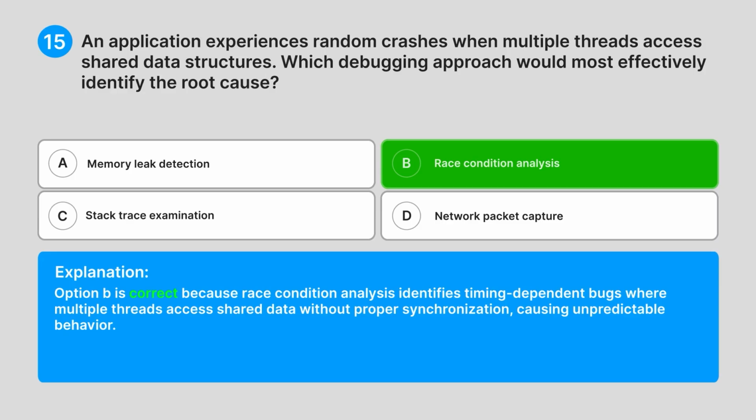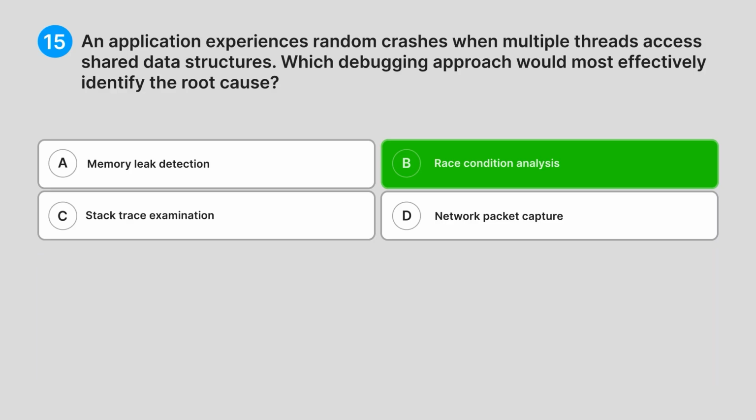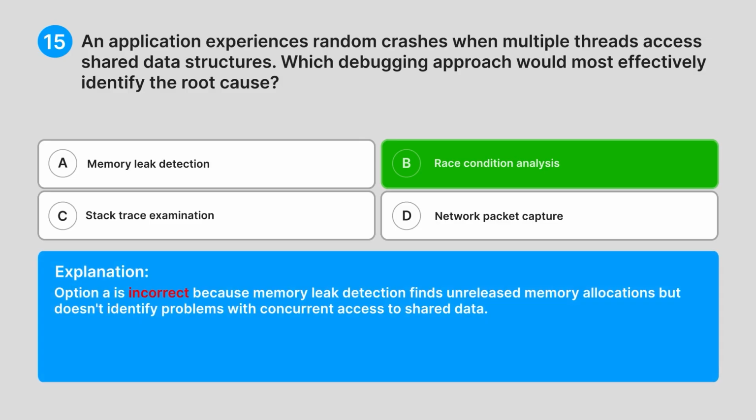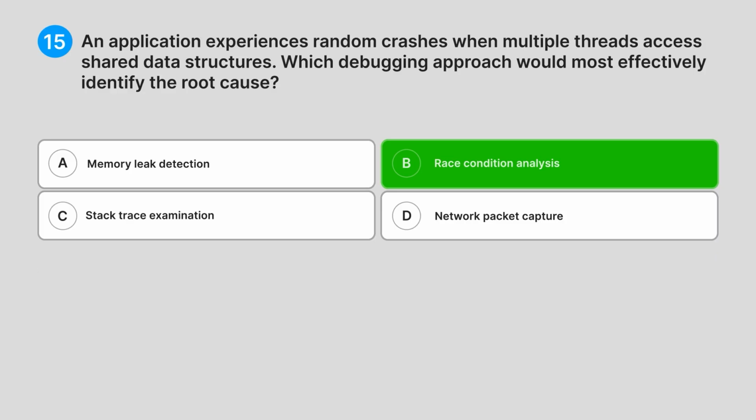Explanation. Option B is correct because race condition analysis identifies timing-dependent bugs where multiple threads access shared data without proper synchronization, causing unpredictable behavior. Option A is incorrect because memory leak detection finds unreleased memory allocations, but doesn't identify problems with concurrent access to shared data.